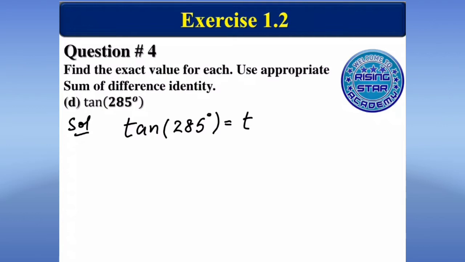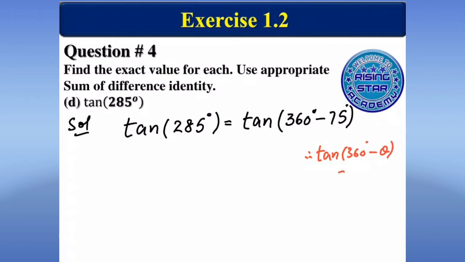So we can write it like tan of 360 degree minus 75 degree. We know that tan of 360 minus theta would be equal to minus tan of theta.